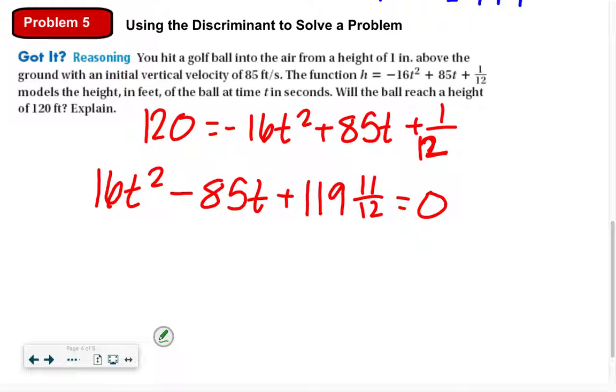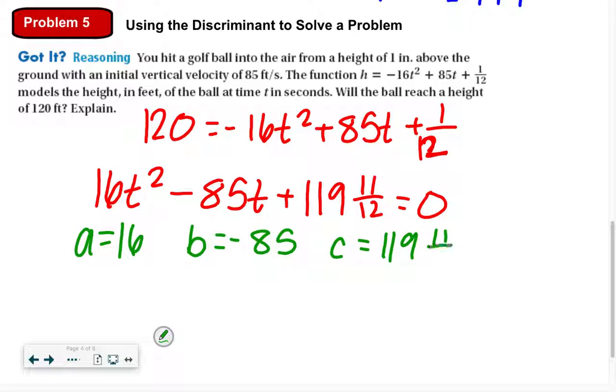So I gotta figure out my ABC. What's my A? 16. What's B? Negative 85. And C is this lovely 119 and 11/12. Just because it's not pretty doesn't mean it doesn't work. Right?